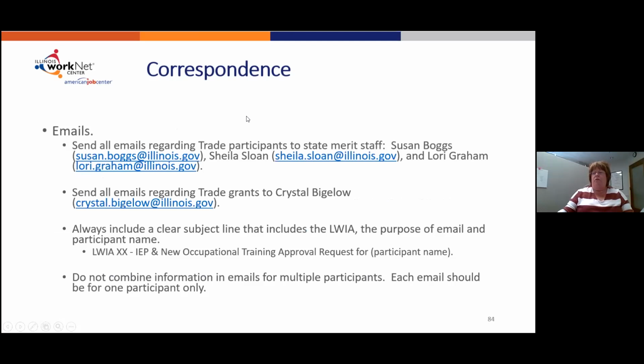So just some general comments on correspondence. On emails, when you're sending emails regarding trade participants to state merit staff, always include these three individuals: Susan Boggs, myself, and Lori Graham. Lori does provide a backup to Susan and myself if we need her to review some information, or if we're tied up on projects where we happen to be out of the office.